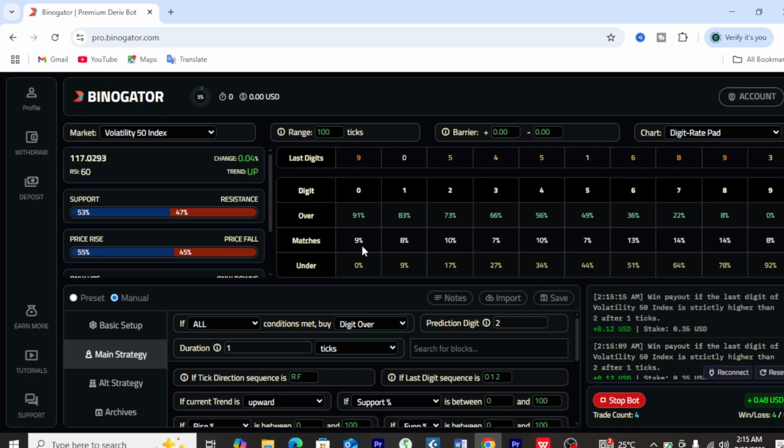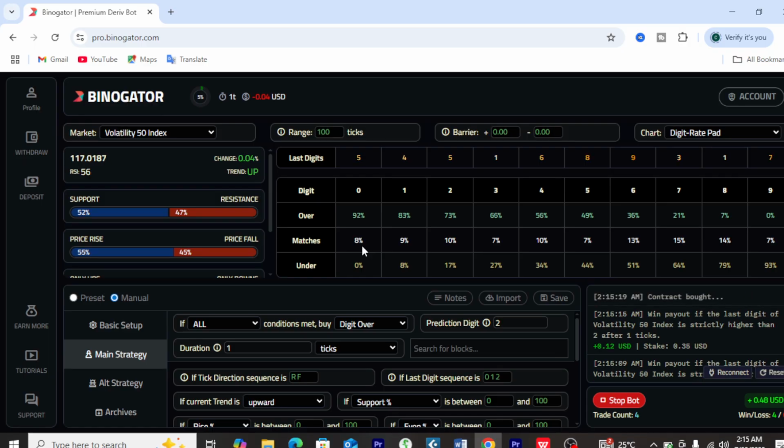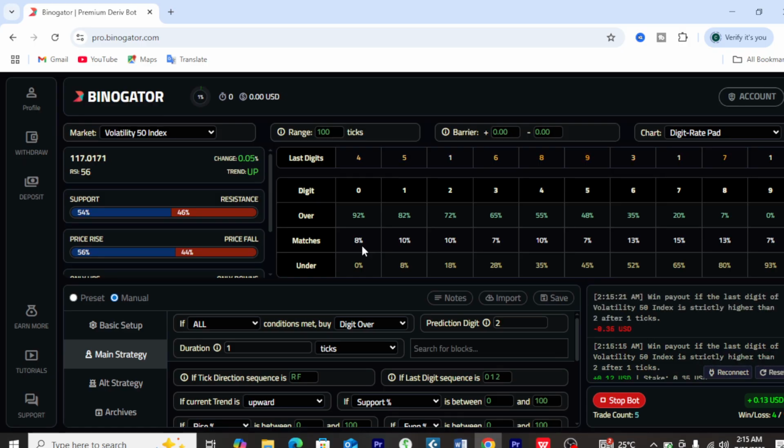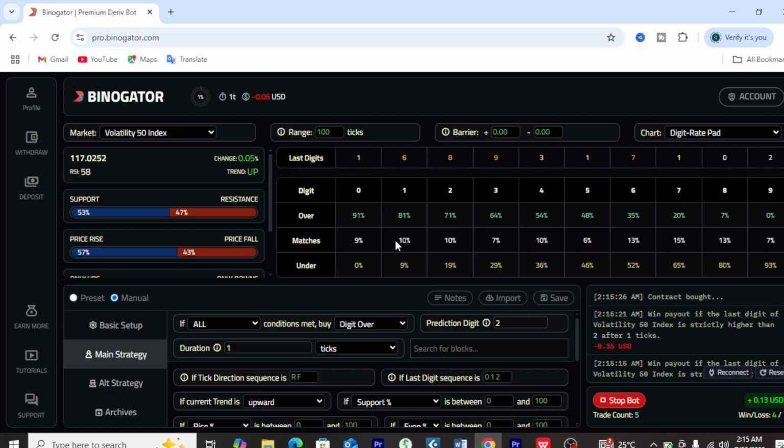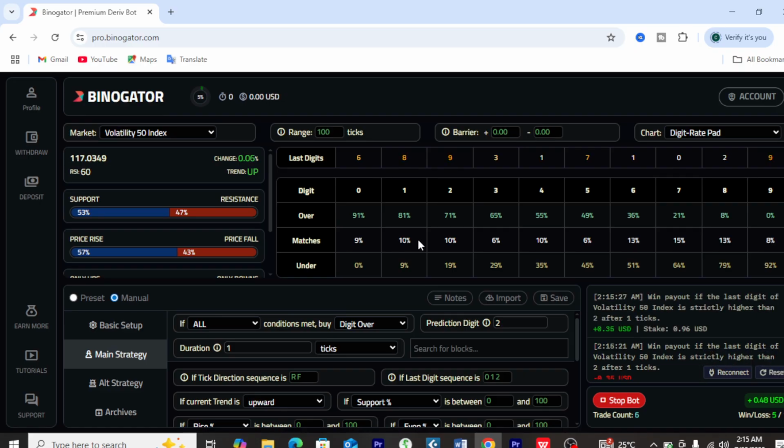There are times that while running the trade, the numbers can immediately change and get to 10%, you can see. So it's possible that the market can just move against you and the numbers can get to 10%.